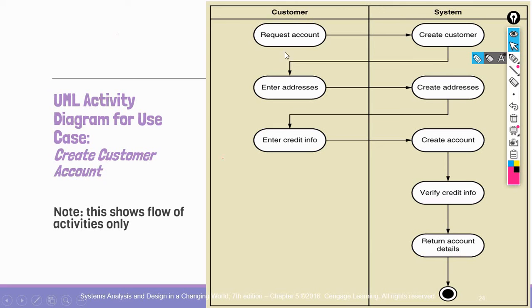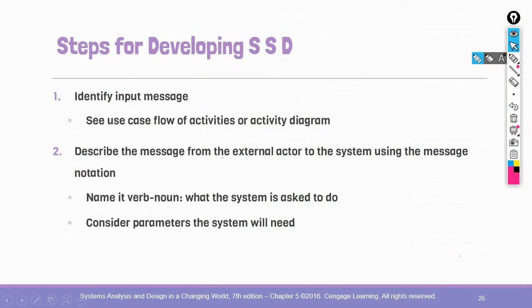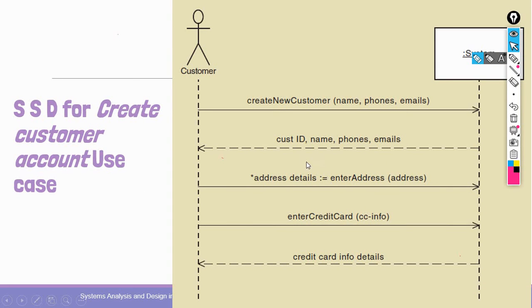So in this case, for example, the return value should be the address, just like what is shown here. Here, the return value is this address details, and this one with the dash arrow is also a return value. Those are the two ways to show the return value on the message.